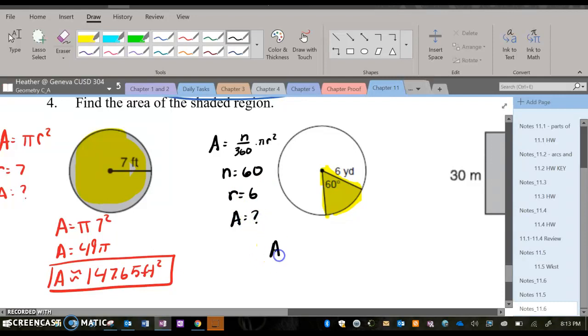So we have A equals 60 divided by 360 times pi times 6 squared. So when we enter that entire expression into our calculator, you will get 18.85, and our unit is yards, and this is area, so we square it.